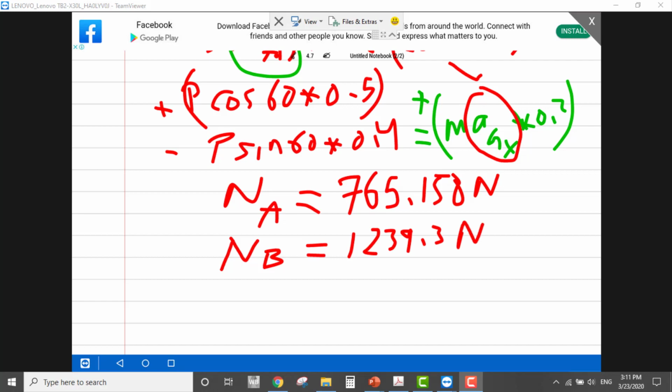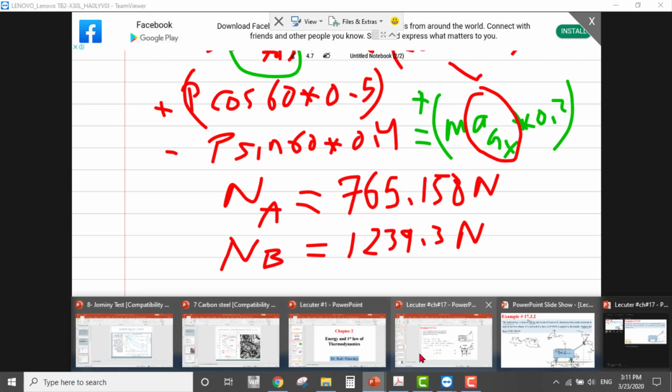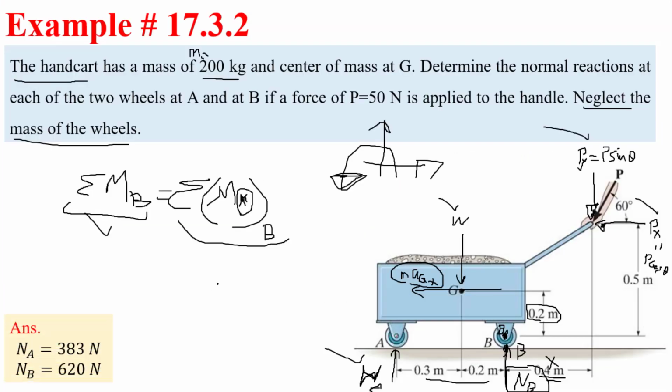So let us check with the slides. In the slide, NA is 383 and NB is 620. But we find that NA equals almost 765, and NB equals 1239 Newton.